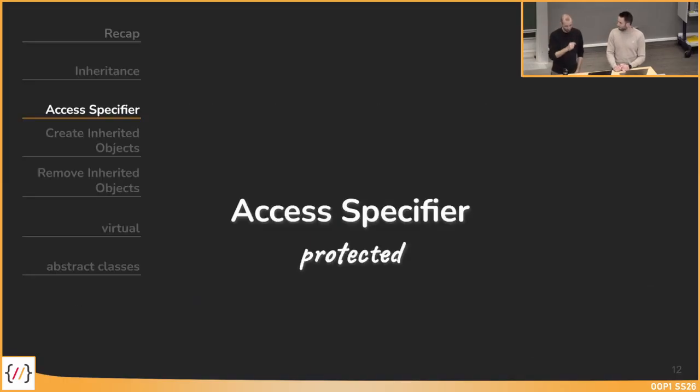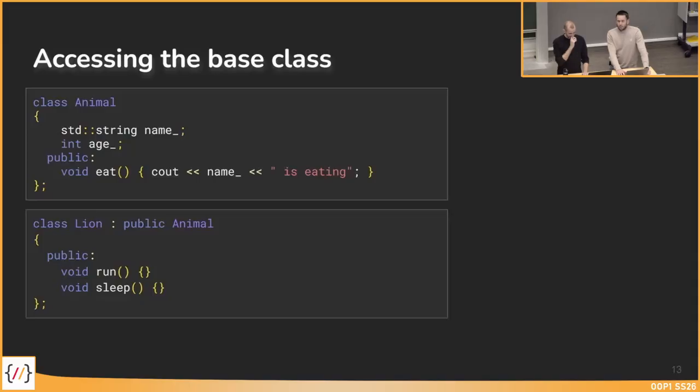For that we need one more access specifier. Last time we talked about the access specifiers public and private. Today we also introduce protected. So let's have a look again at this class here. We have the class animal as base class with the name and the age and a method called eat.